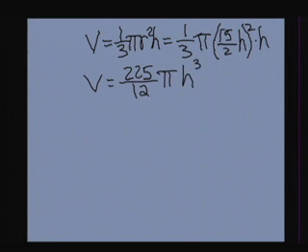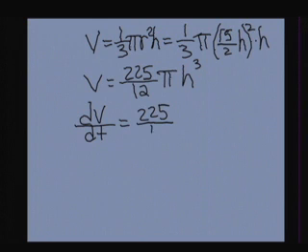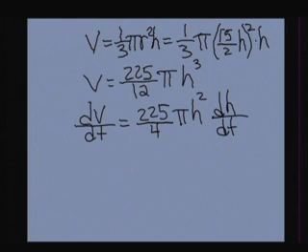So now take the derivative of the volume with respect to time, and we get 3 times the 225 over 12, which would make it 225 over 4, because the 3 cancels part of the 12. We still have our pi, we have H squared, and then we have dH dt.